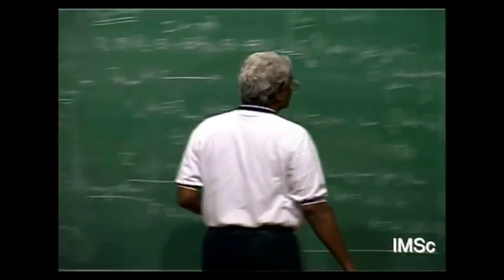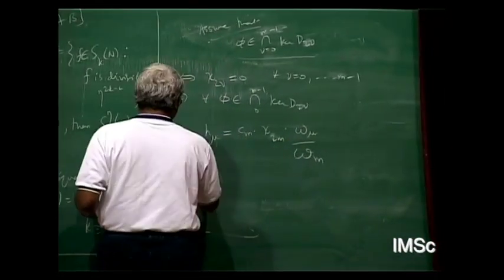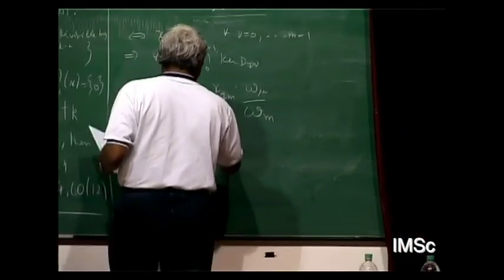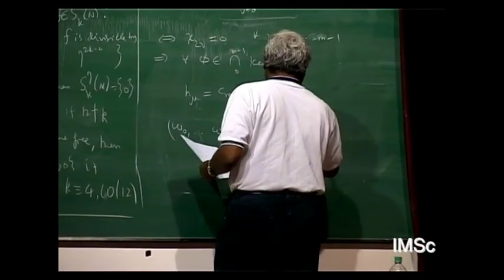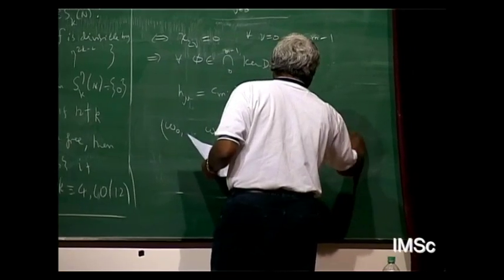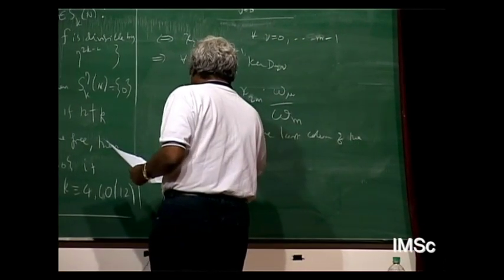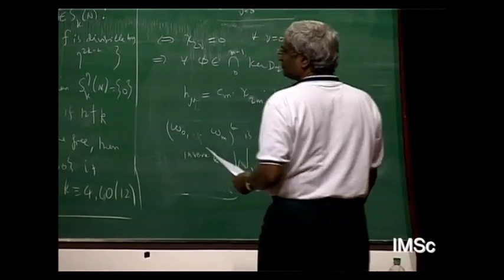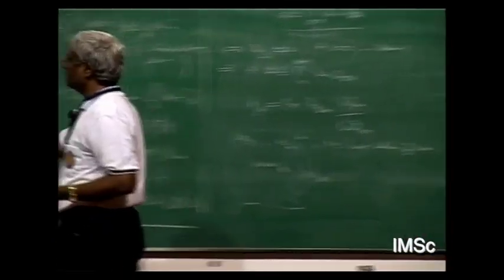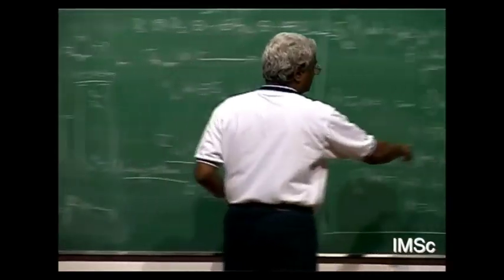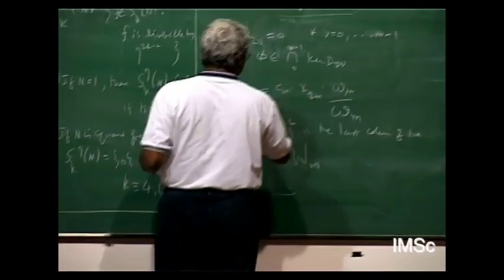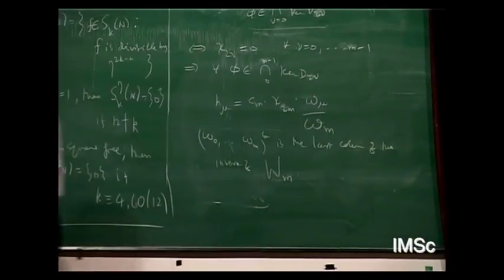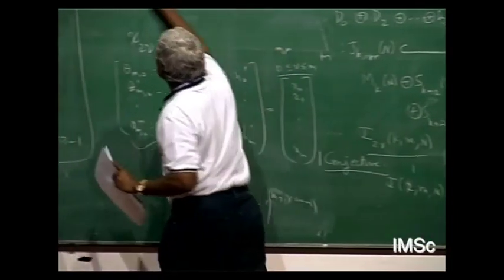Here omega 0 to omega m, transposed, is the last column of the inverse of this matrix Wm. So if you invert and denote the last column by omega 0 to omega m, then I can express this. So this is the basic ingredient.